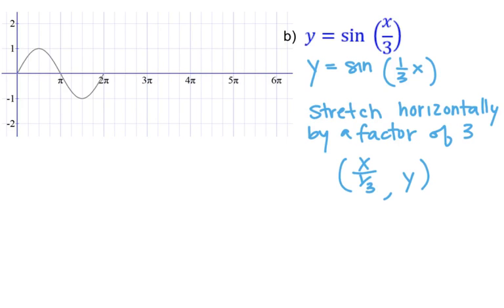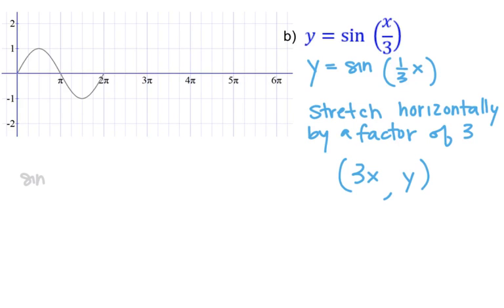And dividing by 1/3 is the same as multiplying by 3. So all of my x's are going to become 3 times as large. Is there a horizontal reflection here? Are we going to reflect over the y-axis? The answer is no, there's no reflection, because there's no negative.